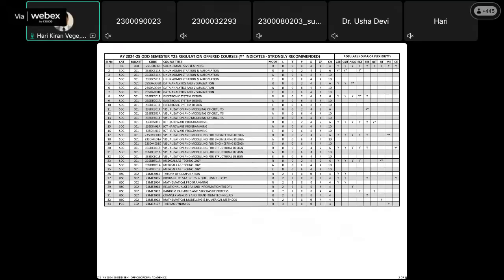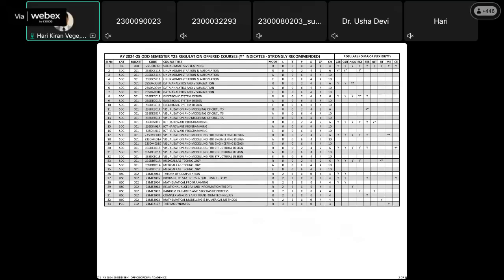Now, which one do I choose? How do I select that? Let us go into the recommendations under the regular. So, under regular, if I'm a triple E student, where is a Y star? What is Y star? You will observe that there is both Y and Y star.